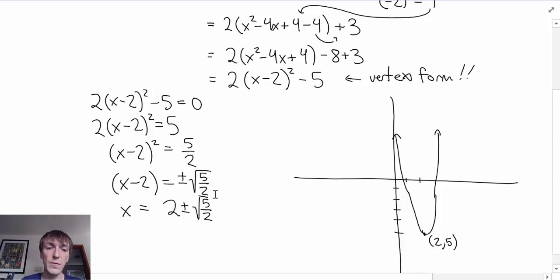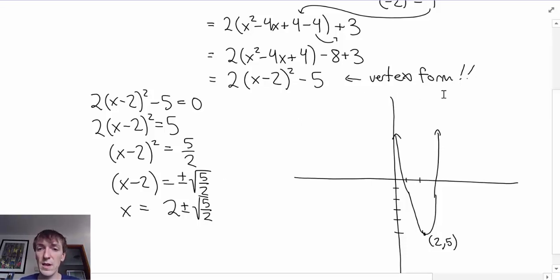So just be careful here with your square roots. I might be able to simplify that a little bit, but honestly, I think this is a fine way to give the solution. And it is exactly what you'd get from the quadratic formula. In fact, completing the square is one way that you can prove the quadratic formula. So they are going to be saying the same thing.